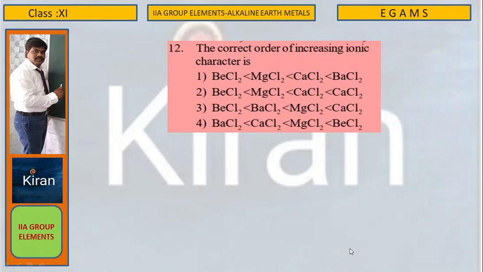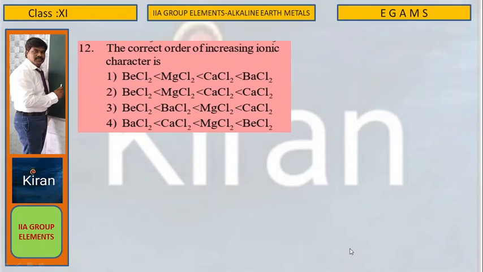The correct order of the increasing ionic character, from beryllium to barium, is increasing or decreasing? Find out the order. Ionic character: which is more ionizable, which is less ionizable, based upon the atomic size of the metal, we have to decide.